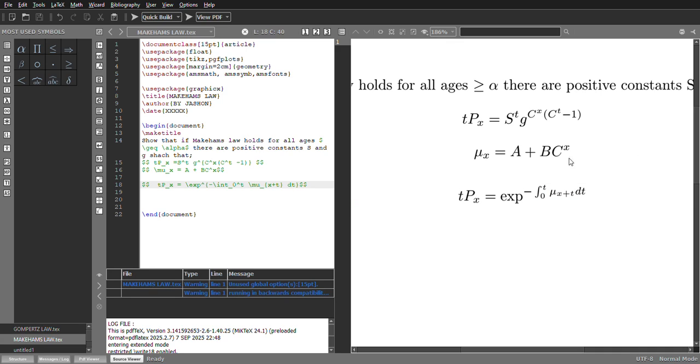So this is where we start to derive. We want to come from here to this place. Our next step is to form this mu x into mu x plus t.